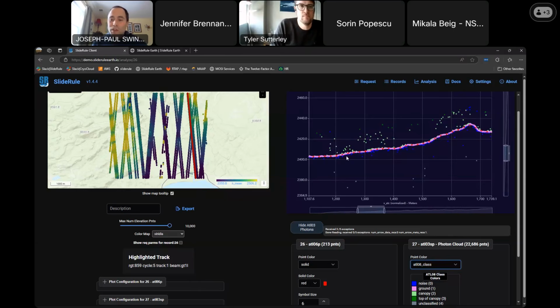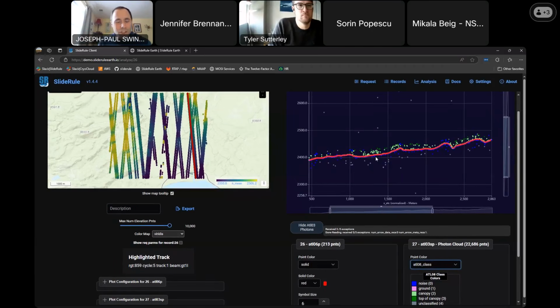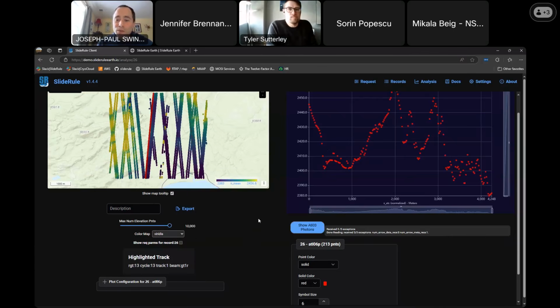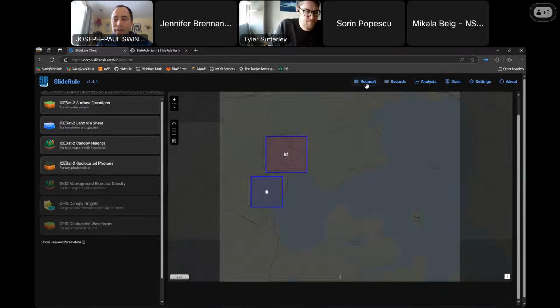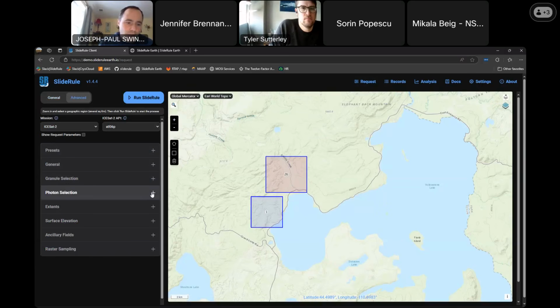When we fit the surface to the photon cloud, it's often the case when there's dense vegetation that the surface is biased upward because it's seeing the vegetation as surface. It's kind of hard to find a use case. I saved one that was good in another window, but when that happens, what you can do is go back, and you have the advanced tab and you can do a photon selection.